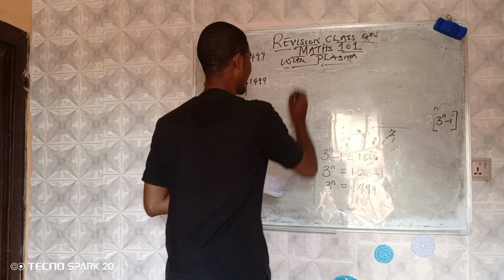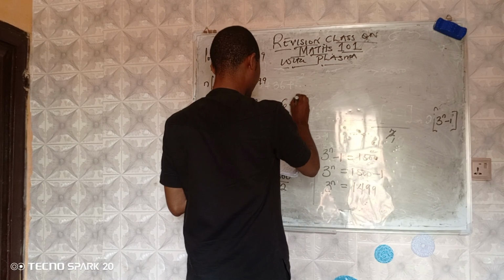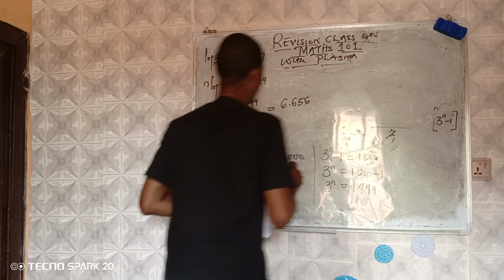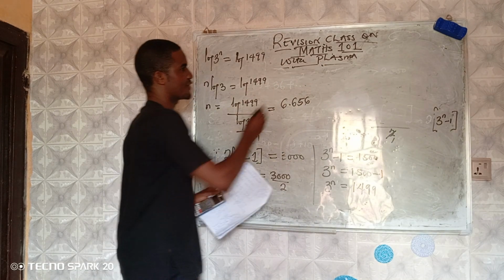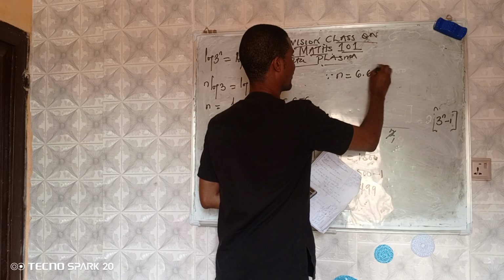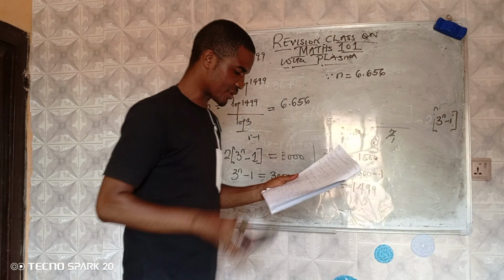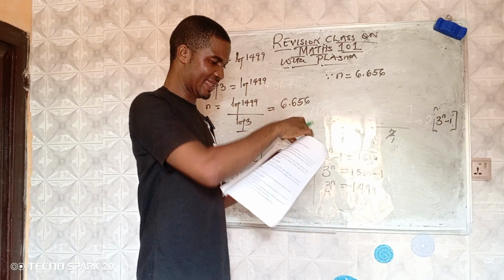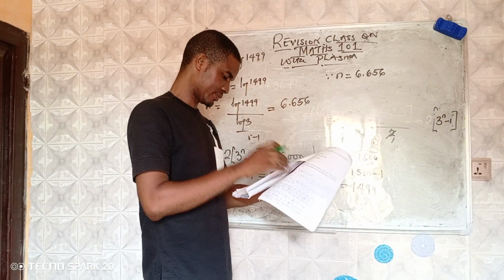It gave me 6.656. Therefore, n equals 6.656. Remember, the question says the value of the GP that will exceed.